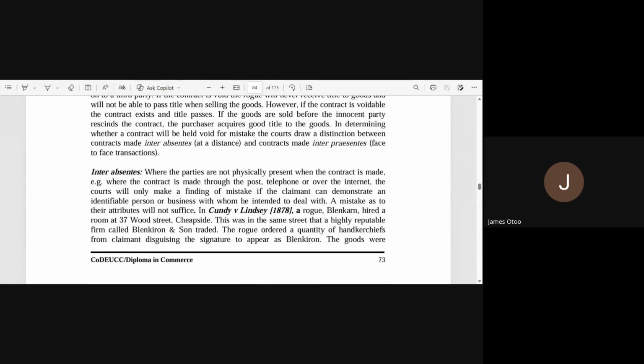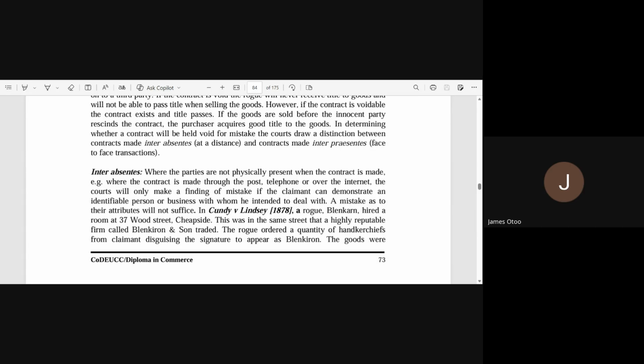So the rule is that where the parties are not physically present when the contract is made, for instance, when you make a contract through telephone, post, or internet, the court will only make a finding on mistake if the claimant can demonstrate an identifiable person or business with whom he intended to deal.